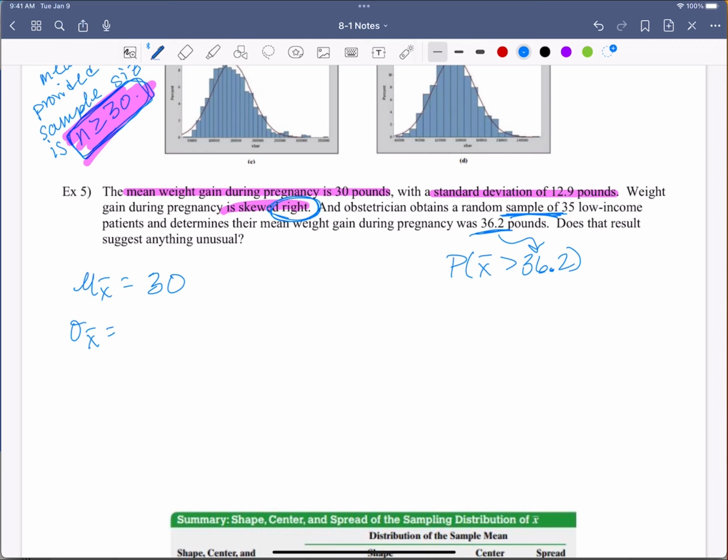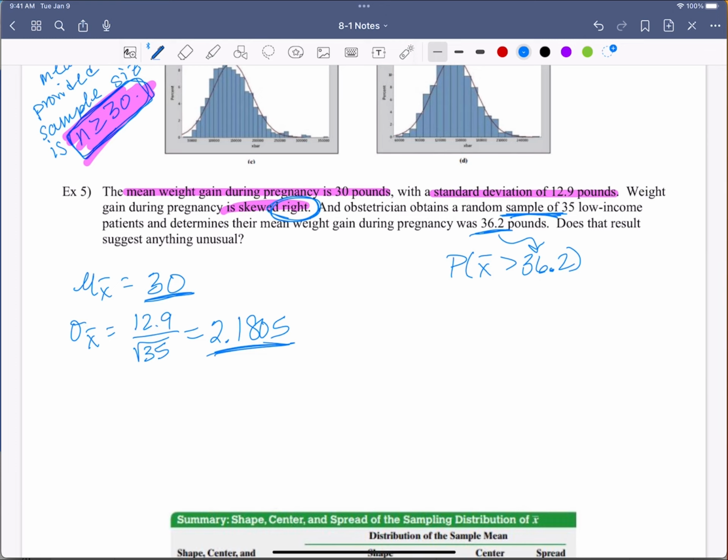My standard deviation is going to be the standard deviation of 12.9 divided by the square root of my sample size, which is 35 here. Plug that into your handy dandy calculator and give me 4 decimal places. I get 2.1805. Do we agree?